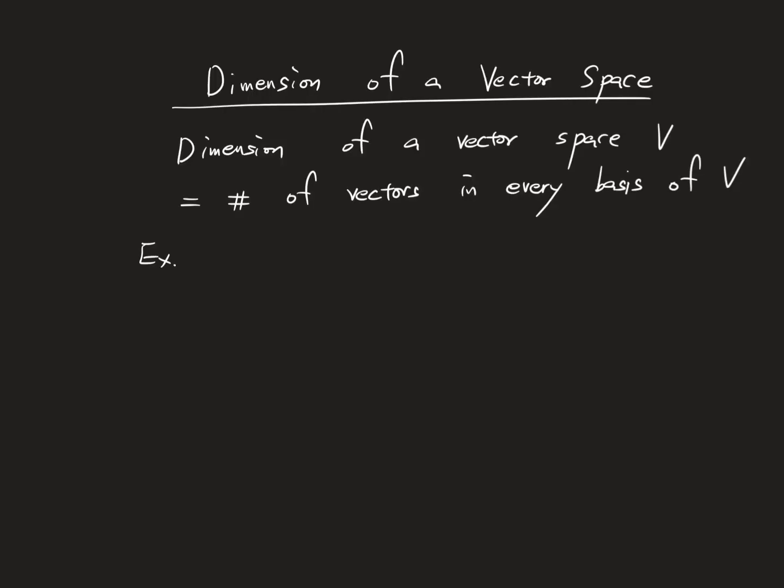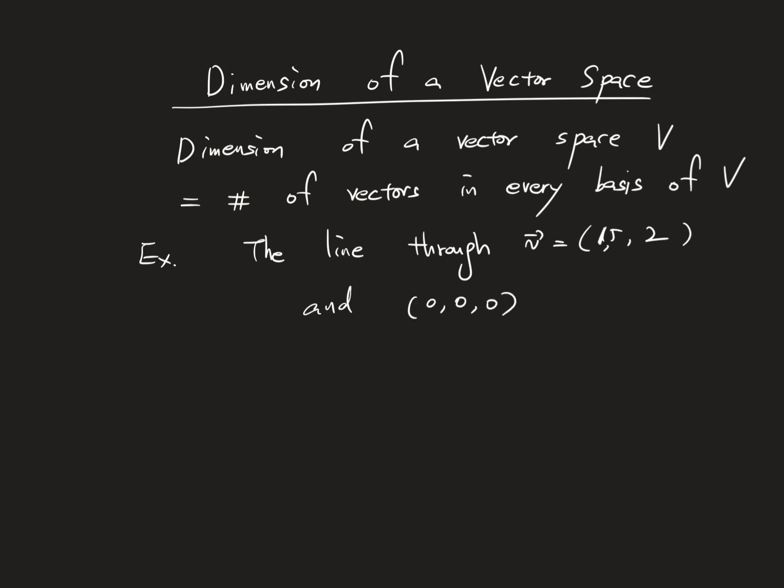The dimension of a vector space is defined as the number of vectors in every basis of V. See the example. Take the line through the vector V, and we assume the line goes through (1, 5, 2) and also the origin (0, 0, 0).